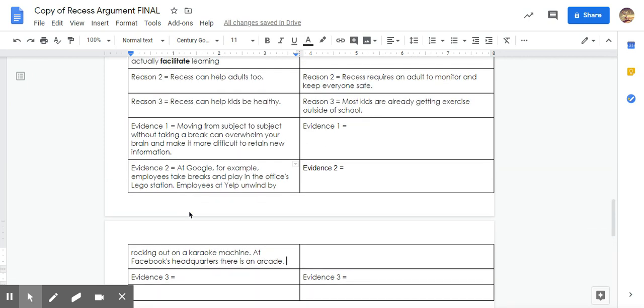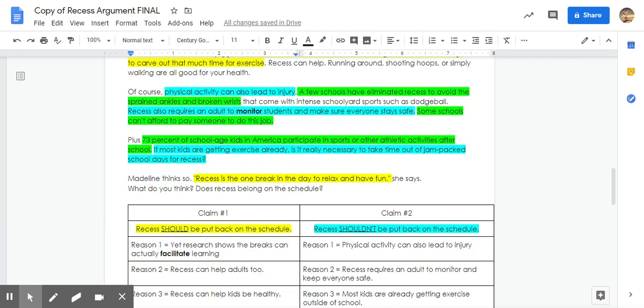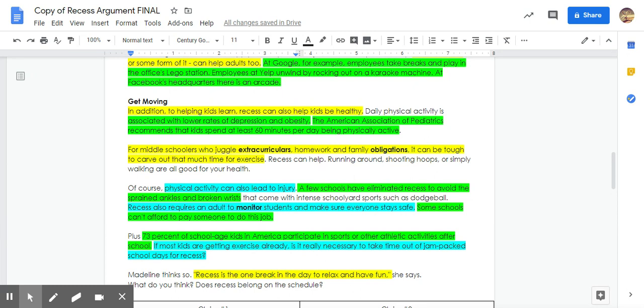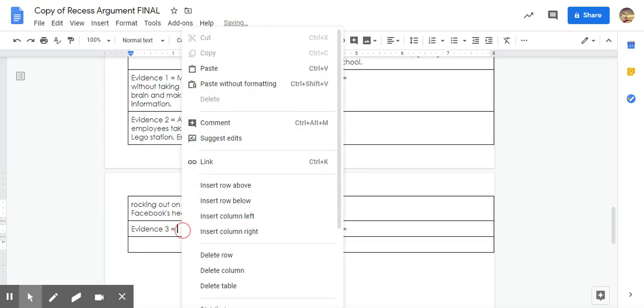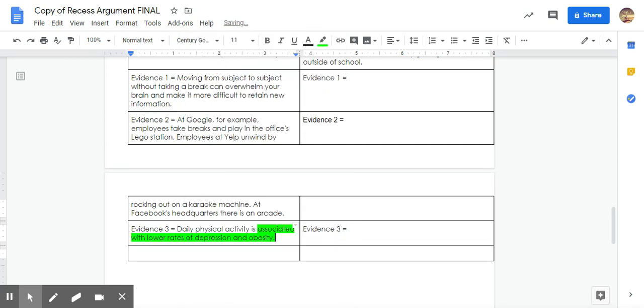Recess can help kids be healthy. So if I go back up, here's where I have that highlighted as a reason. And I am going to copy this part, that daily physical activity is associated with lower rates of depression and obesity. That is a good piece of evidence to support that third reason, that it helps kids to be more healthy.